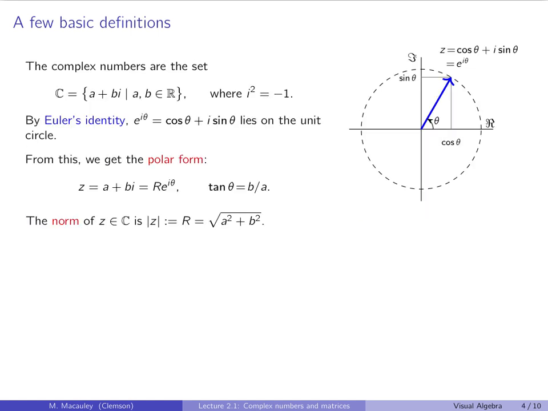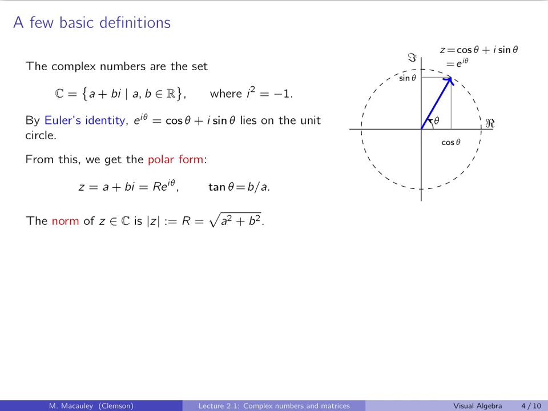Okay, now for the subject of this lecture, the complex numbers. A lot of you have seen this before, or at least most of this, but I think it's important to review it and also to make sure that we are on the same page with notation. So the complex numbers are the set a plus bi, where a and b are real numbers, where i squared is -1.